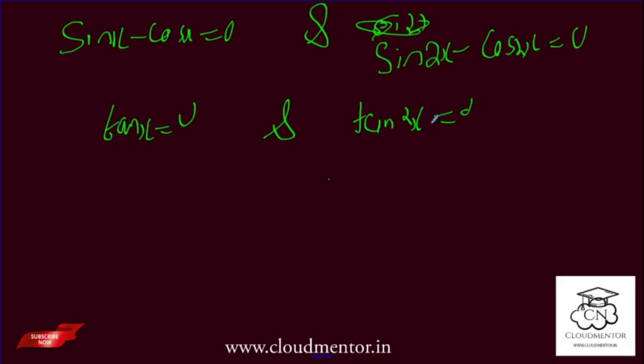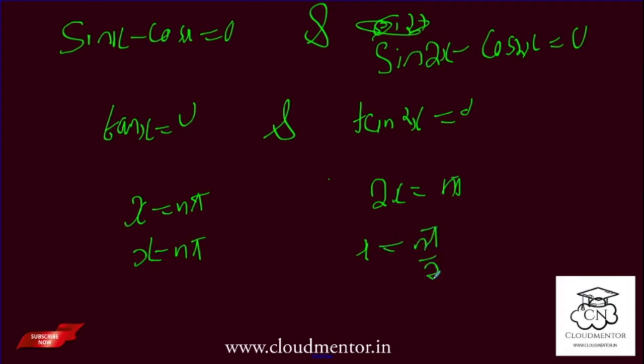That means tan x equal to 0 gives x equal to n pi, and here for tan 2x equal to 0, 2x equal to n pi, that means x equal to n pi by 2.